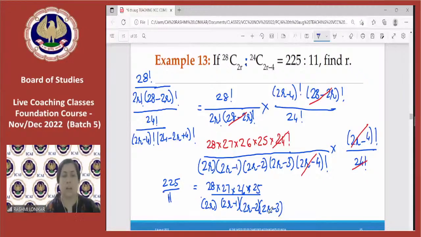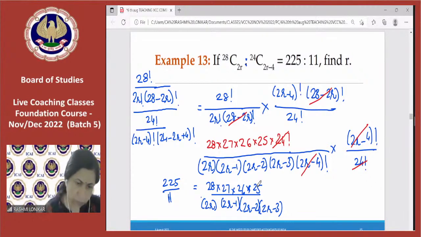Okay. Now let us see how much is this equal to 225.